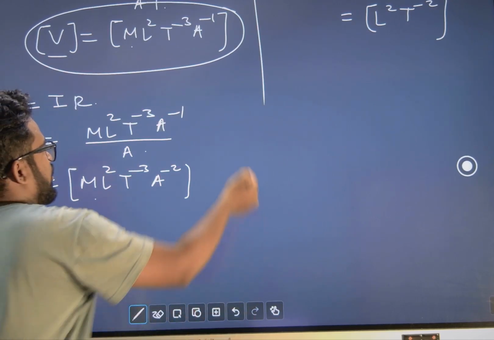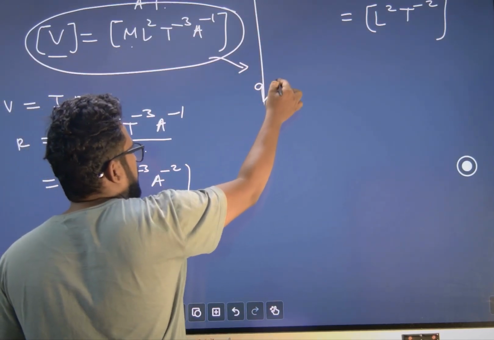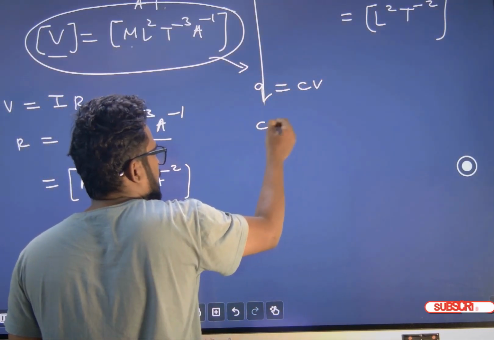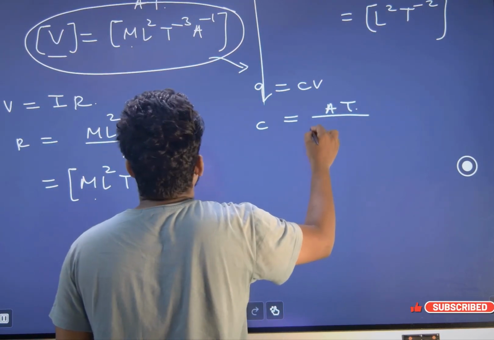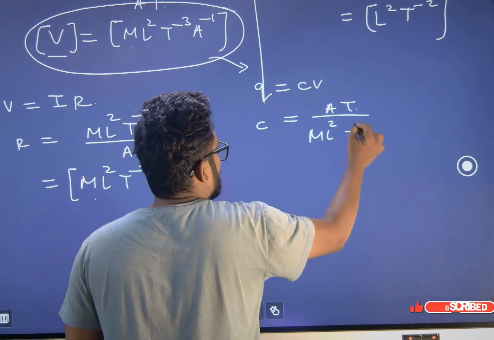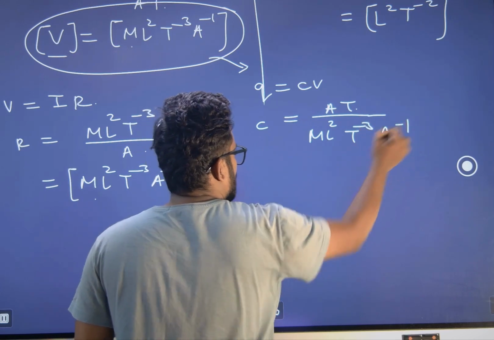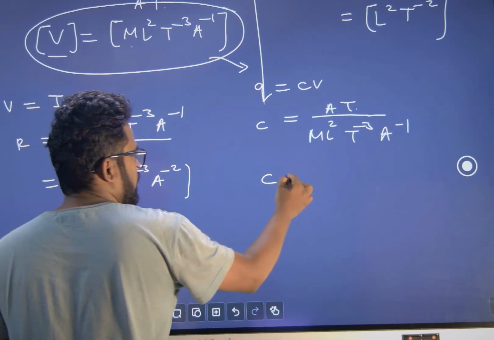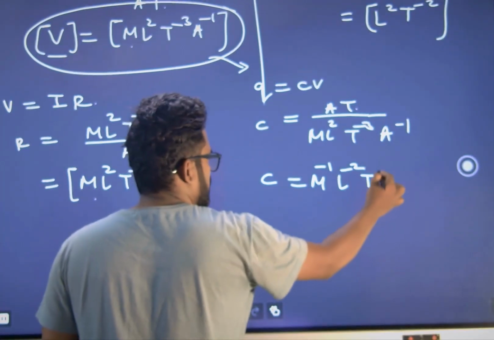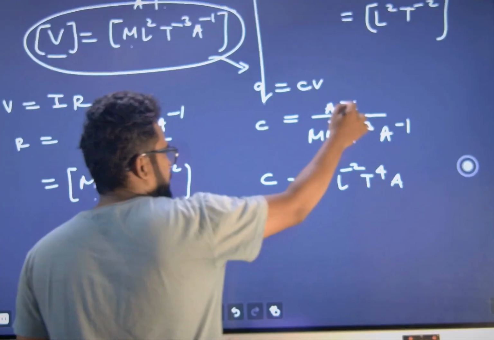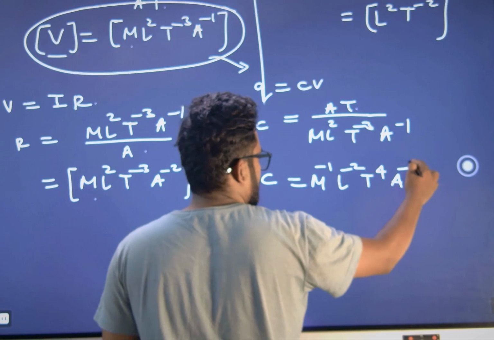Okay. Again from here only we can connect Q equals CV. So capacitance would become charge AT upon voltage ML^2T^-3A^-1. So it is M^-1L^-2T^4A^2.